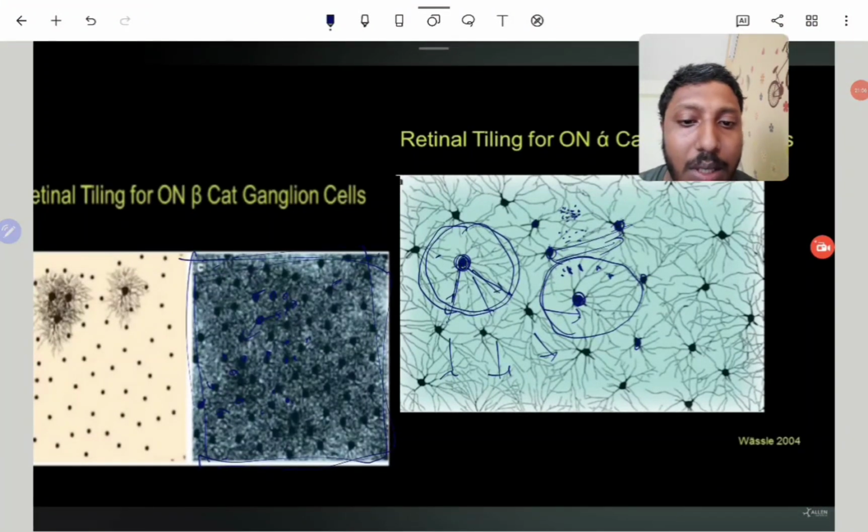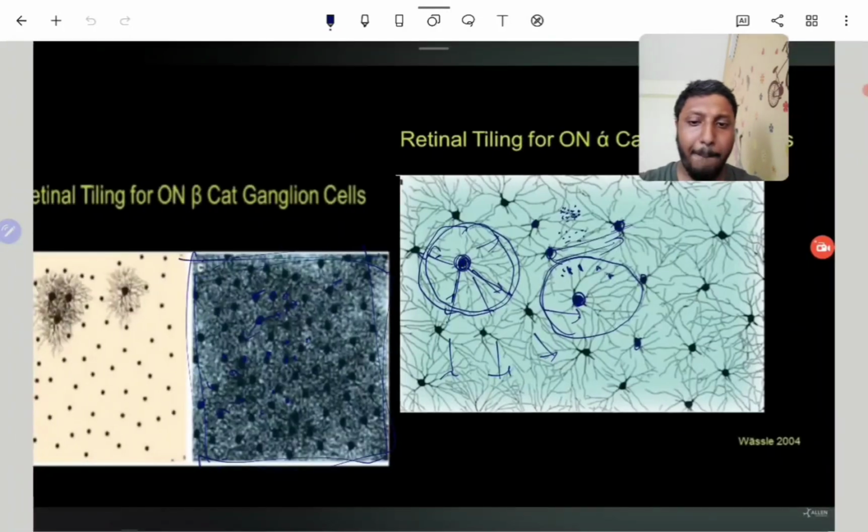Anyways, this is how it is. All kinds of cells are like that. So if you see, it is like this, and that is retinal tiling. If you think like that, there might be other ganglions that can be here.